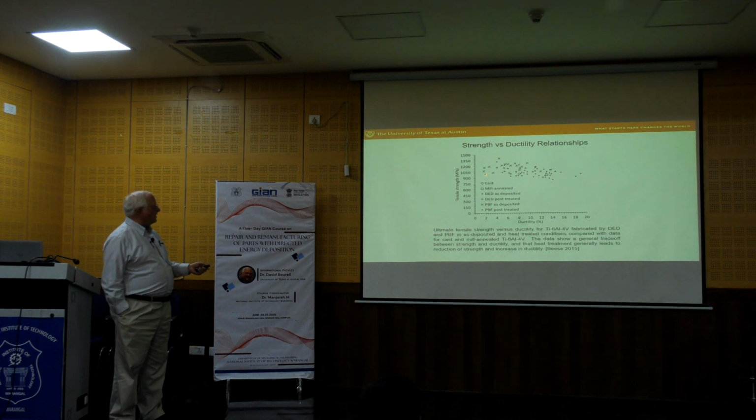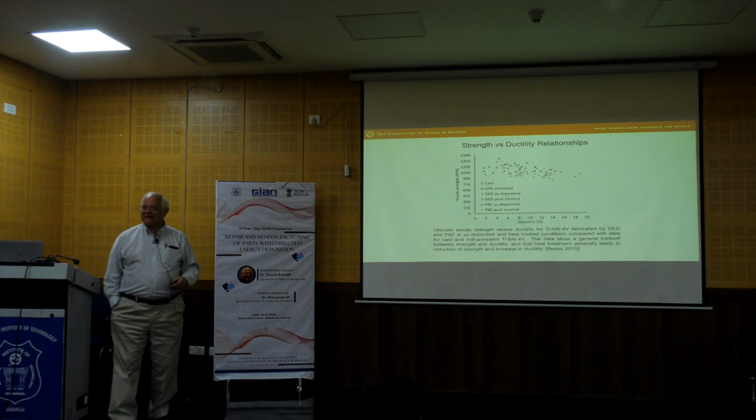Sort of the classic extreme are the little period dots. It's not DED, it's the post-treated powder bed fusion. But at a strength level of about 1,000 megapascal, we have ductilities that are as low as 2% and as high as almost 20%.